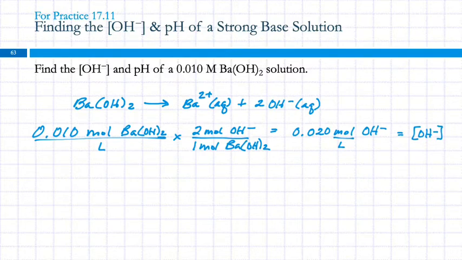How do we find the pH? pH is the negative log of what? H plus concentration, or H3O plus. Well, I don't have that. Remember the circle of pH?